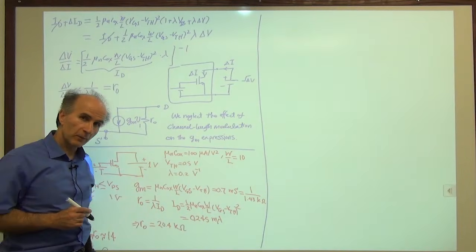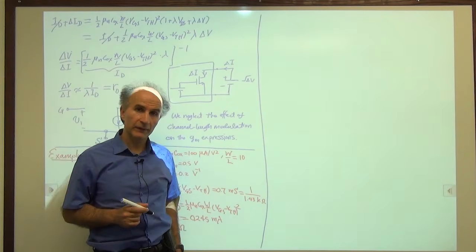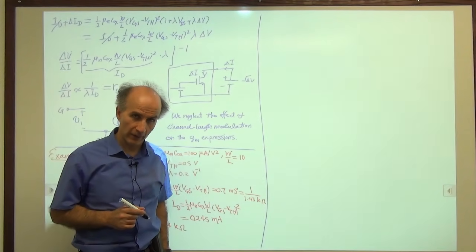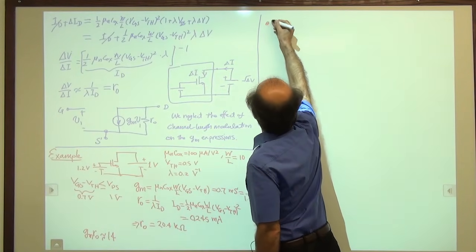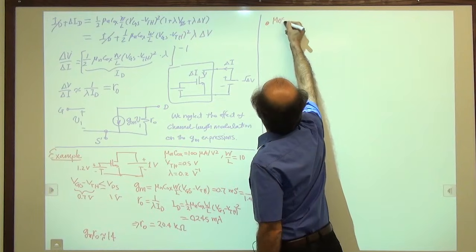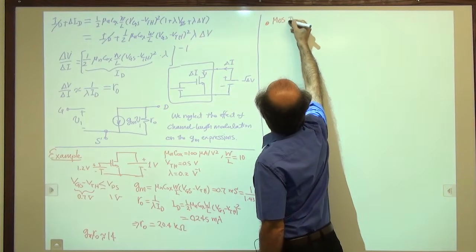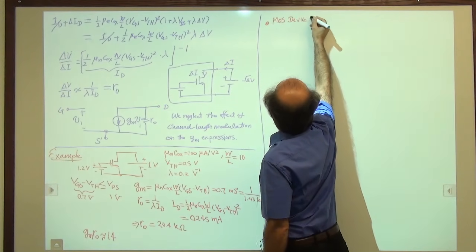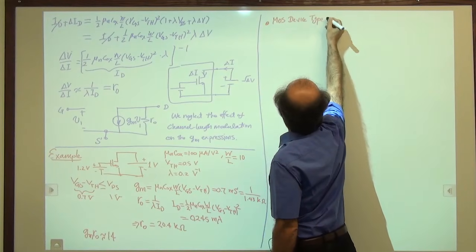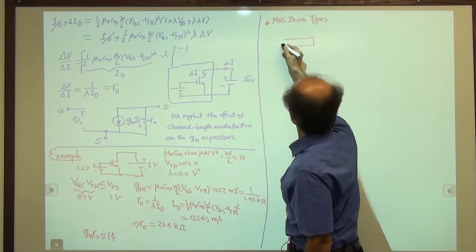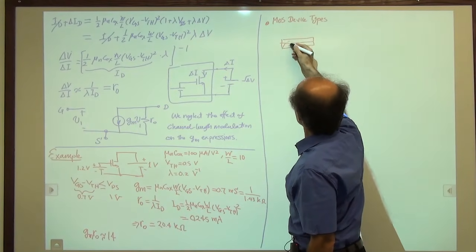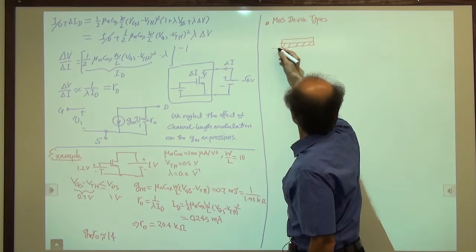The MOS device that we have studied so far is called an N-type MOS device. So let's write this out. MOS device types. So what we constructed was this. We had a conductive gate on top of oxide.